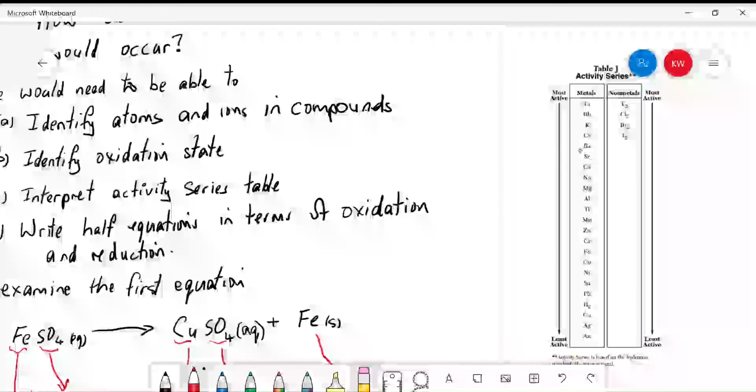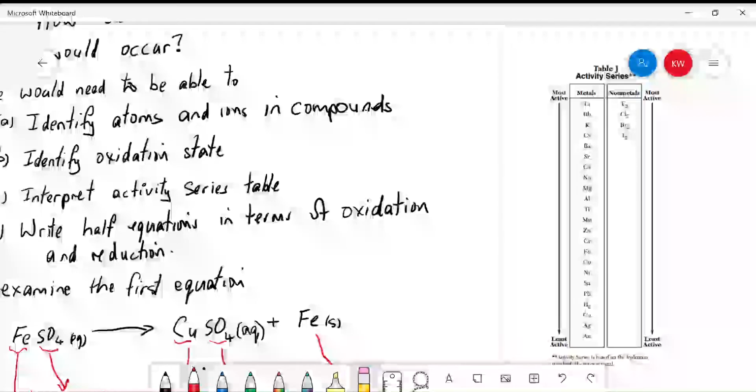This tells us the ease of oxidation. Those that are further up are the ones that are going to be oxidized, and the ones that are further down are the ones that are going to be reduced. Once we choose elements that have a difference, we could actually have a difference in potential.